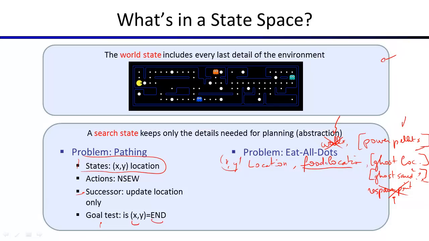You might encode this in different ways. The most effective way to encode this could be as dot booleans. Because at the start of the game, it's fixed where the food is, and then all we need to store is whether the food is still there or not. A 0 or 1 for each location where a food pellet was at the beginning of the game, whether the food is still there or not.